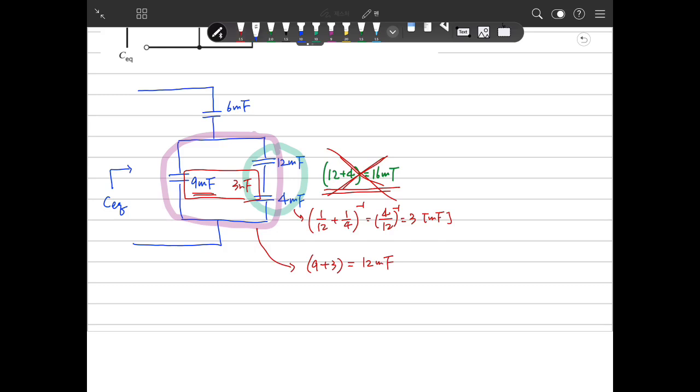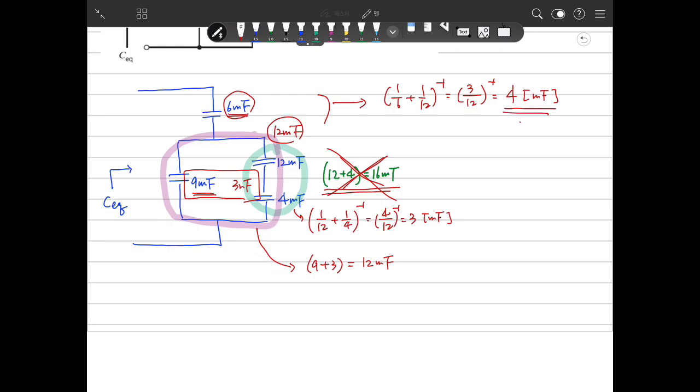Then we can redraw this circuit: this is 6 millifarad and this is 12 millifarad. The 6 millifarad capacitor and the 12 millifarad capacitor are connected in series. So the equivalent is 1/6, 1/12, inverse. That will be 12/3, inverse, which is 4. The unit is millifarad.